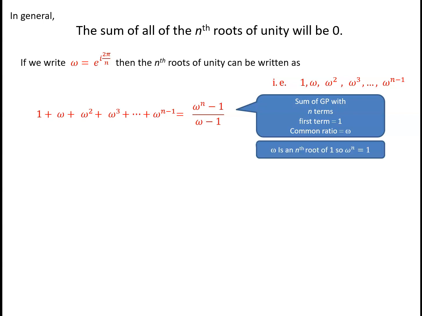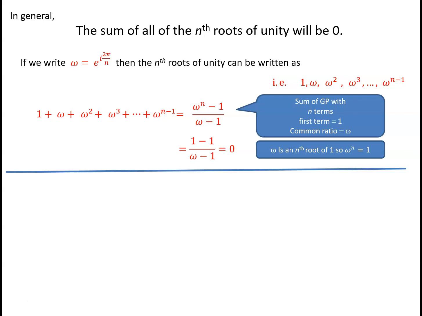But omega is an nth root of 1, so we certainly know that omega to the n is equal to 1. So our sum of the roots, 1 plus omega plus omega squared all the way up to omega to the n minus 1, is actually equal to 1 take away 1 divided by omega take away 1. We know omega isn't equal to 1, so we can be certain that what we've got is 0 divided by something other than 0, which certainly gives me 0.